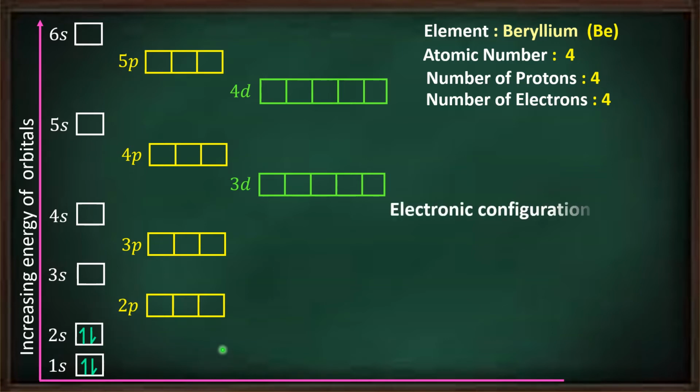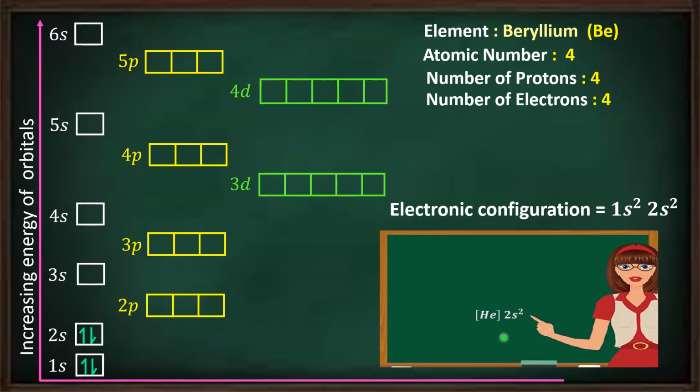So in this way, in 1s we have 2 electrons and in 2s there are 2 electrons. So the electronic configuration of beryllium is 1s2, 2s2. Otherwise, in short way we can write it as helium 2s2. That is, before 2s2 we have the helium configuration, isn't it?